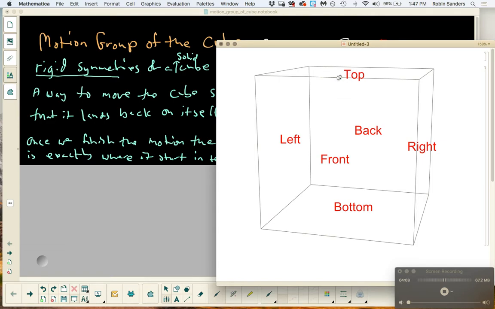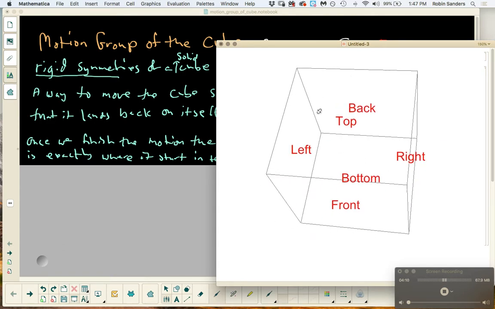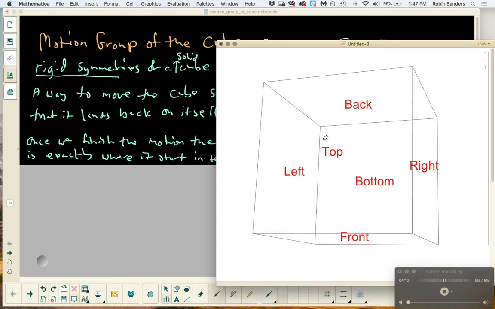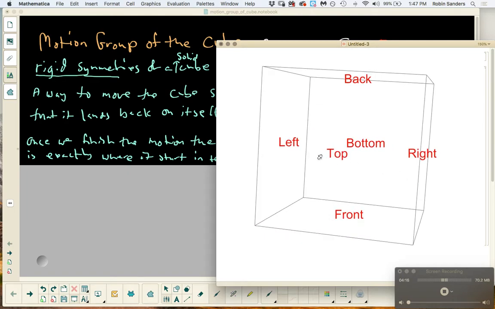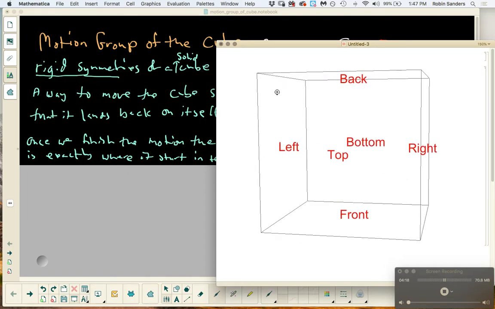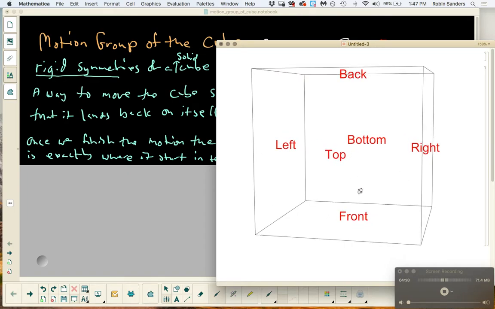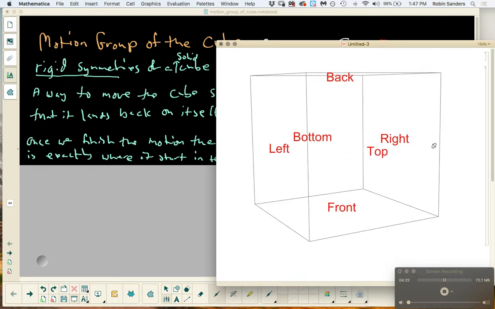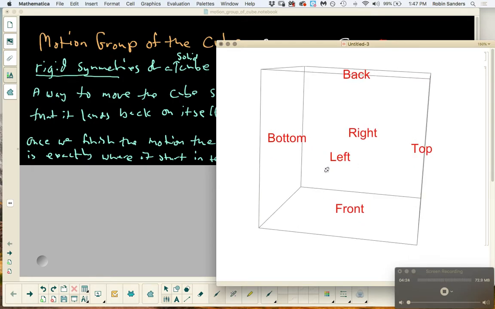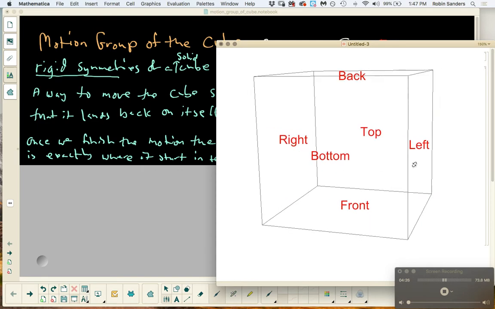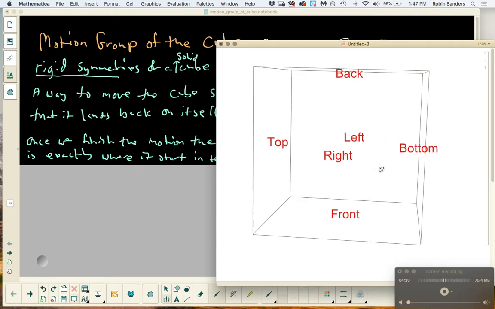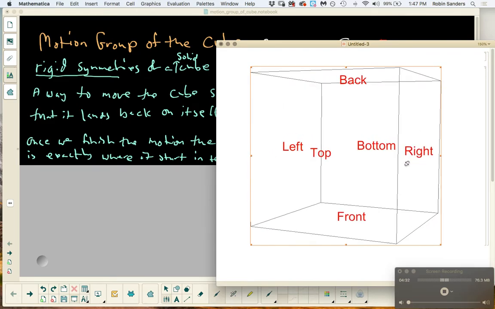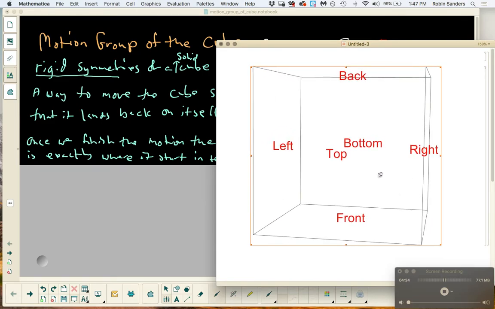Of course, I can rotate this cube 90 degrees in this direction, and the back side becomes the top side of the cube. And once I have that, again, there's a 90-degree rotation, a 180-degree rotation, a 270-degree rotation, or a 0 or 360-degree rotation.